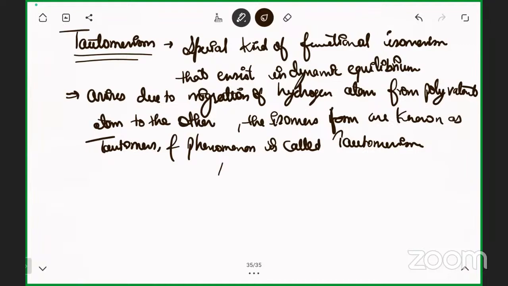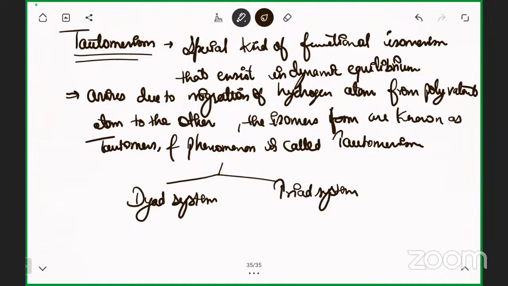Okay, basically tautomerism is of 2 types: dyad system and triad system. In the dyad system, 1-2 migration is there. In the triad system we'll talk about many types. So at least do this much in tautomerism today.